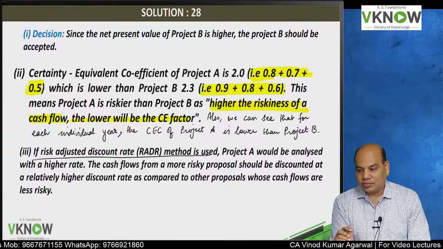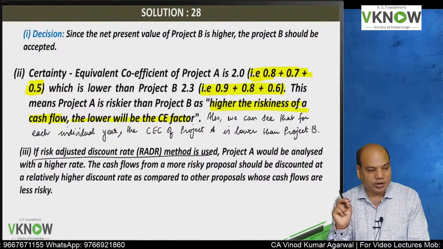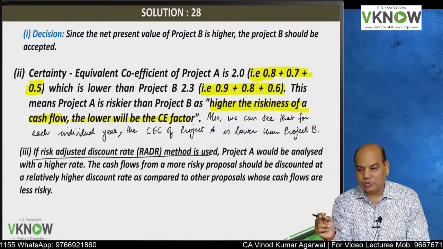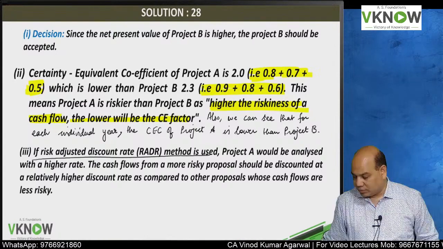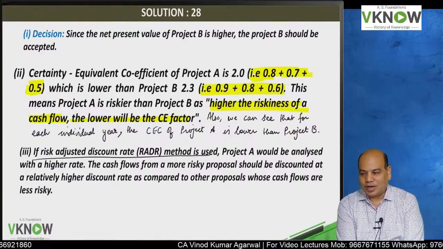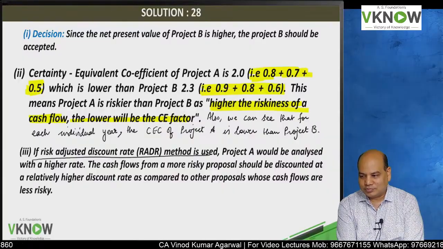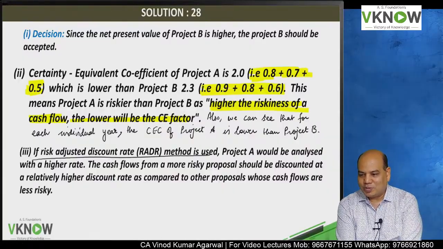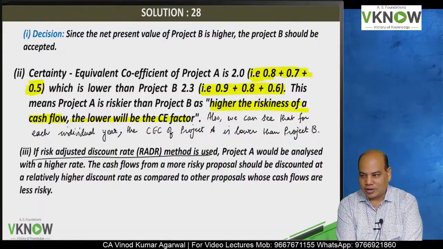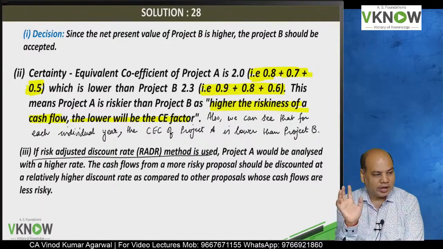The answer is the same, because if you are saying A is riskier than B, then the discount rate for A will be higher than that of B. So write down point number 3: if the RADR method is used, project A would be analyzed with a higher rate. Why? I have written the reason also. You can write that if you want.